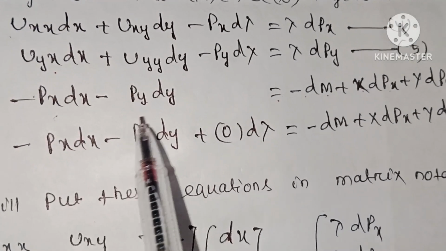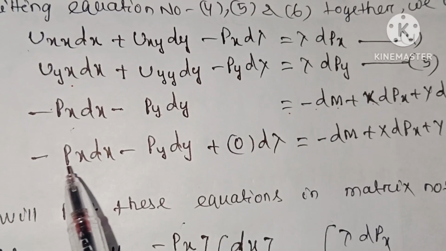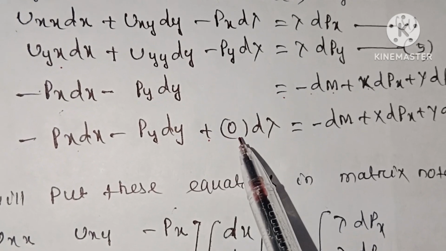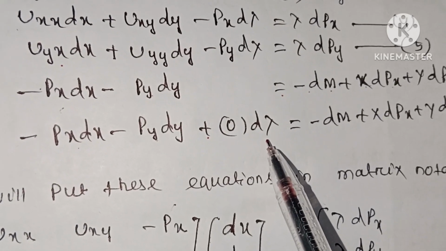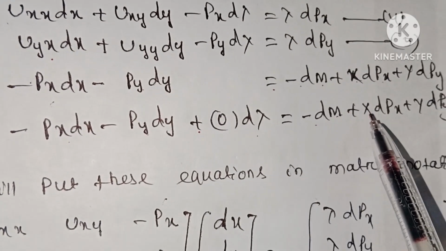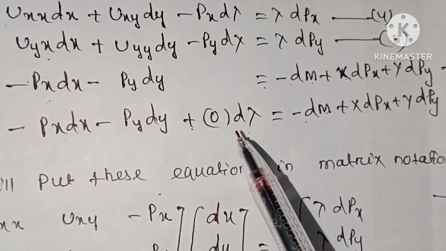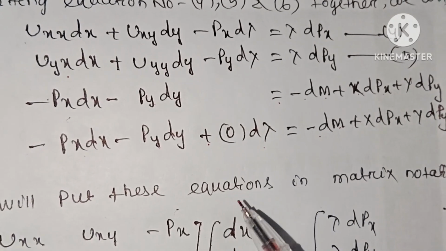This equation we can also write as minus px dx minus py dy plus 0 multiplied by d lambda equals minus dm plus x dpx plus y dpy. By rewriting this, there is no change in the equation.